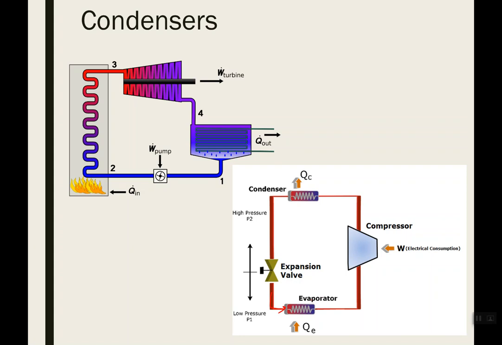The evaporator is where you are sucking off heat. You're evaporating the refrigerant, but you are cooling down the air that's coming into your home or apartment. Then you compress the refrigerant back down. After you've compressed it, you need to remove heat and reject that heat back out to ambient.